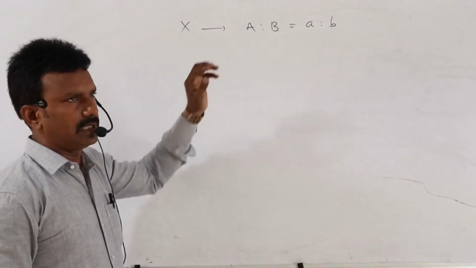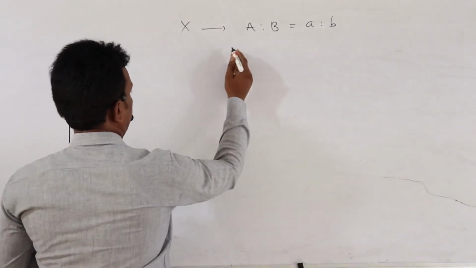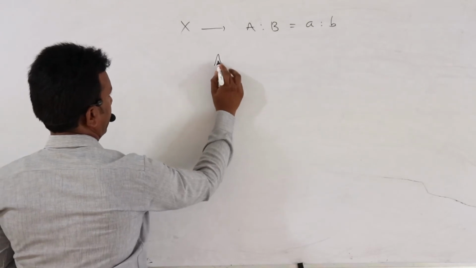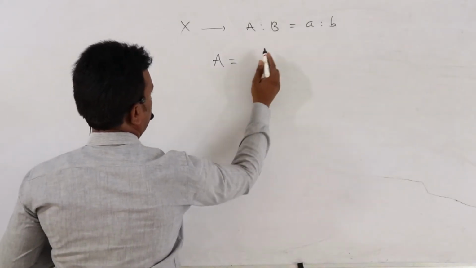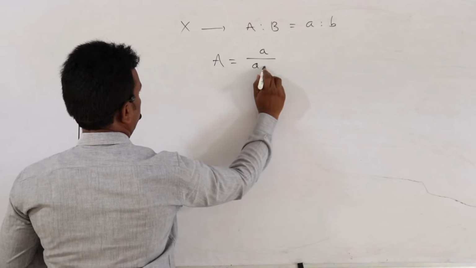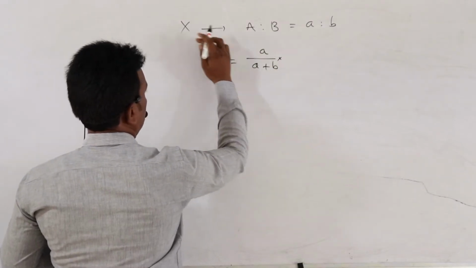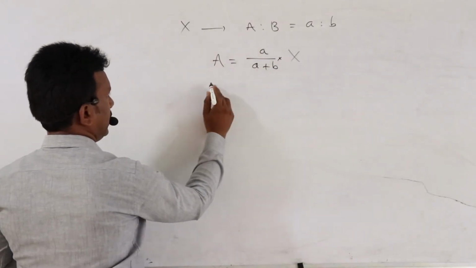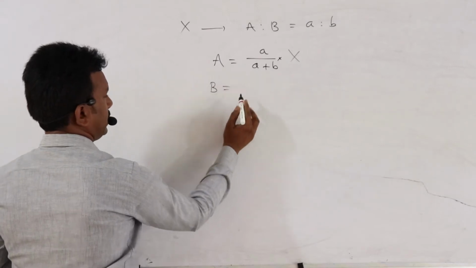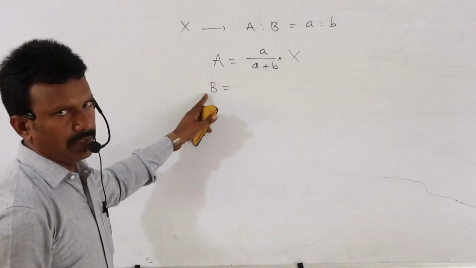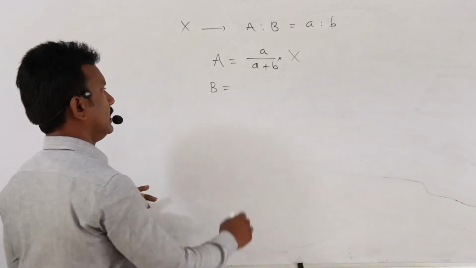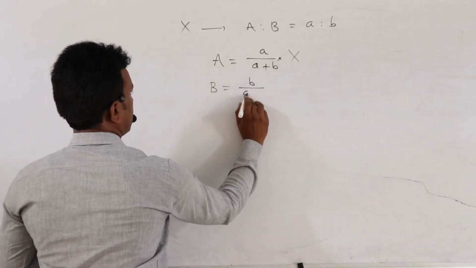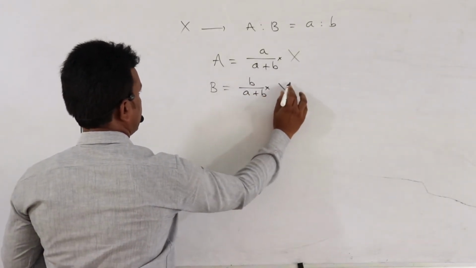The share of A is equal to A by A plus B into the total amount X. In the same way, the share of B is B by A plus B into X.